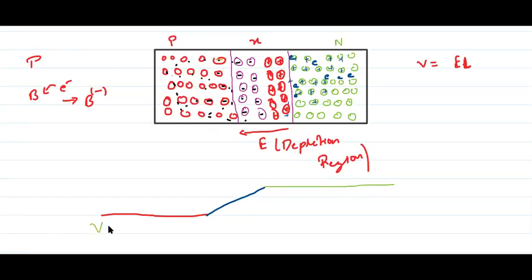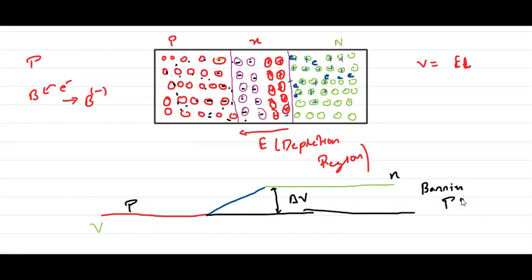So this is potential. When we talk about the potential between this P type and this N type, we have this difference of potential delta V. Okay, this is called as barrier potential.